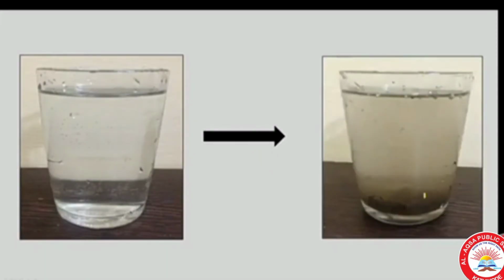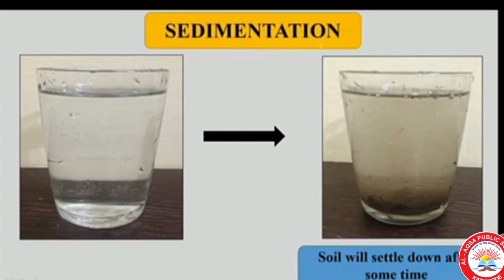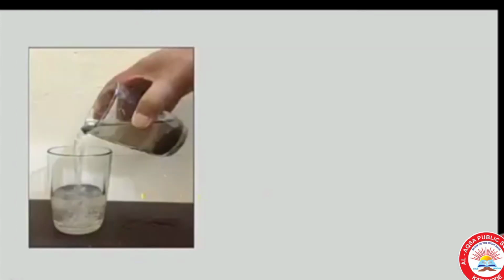Take a glass of water and add soil to it. This soil will settle down after some time. That process is sedimentation. Now we can remove this water by this process, that is decantation.